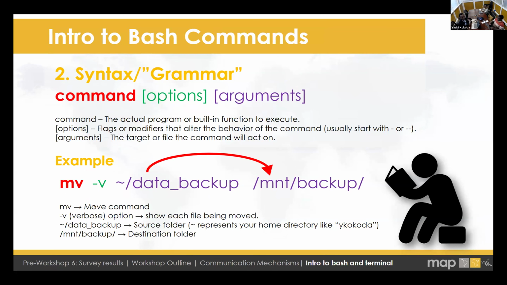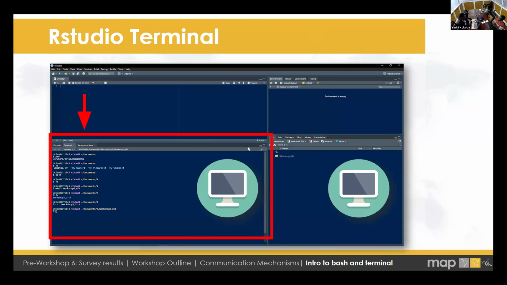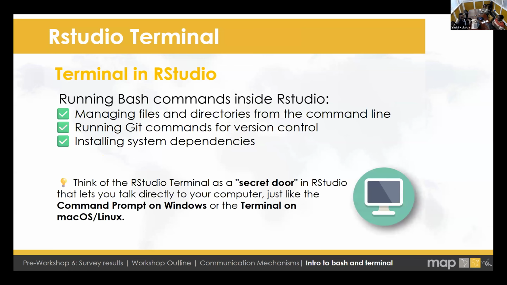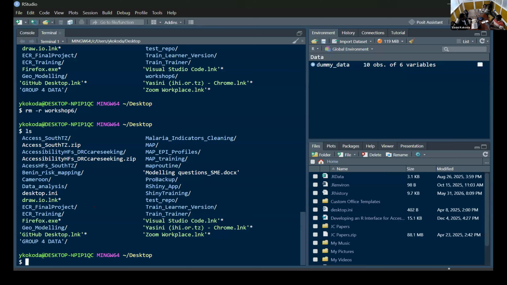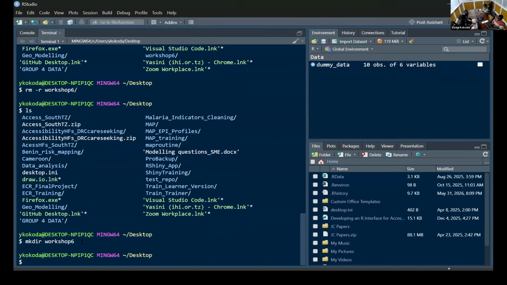She asked if you could demonstrate it. She wanted you to demo it. Yeah. So let's say I'm making a directory, which is the new folder, called workshop 6. I'm going to use this command, mkdir workshop 6. Yeah, you see, it didn't return any error.